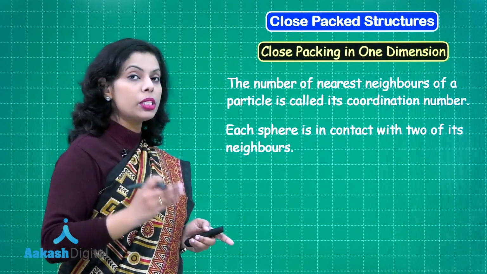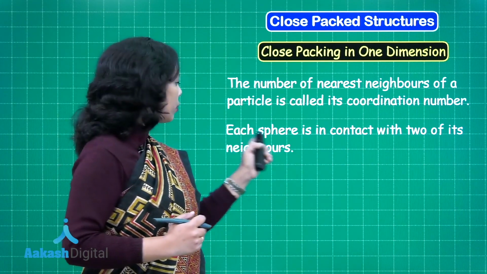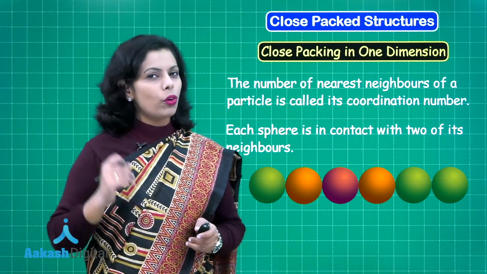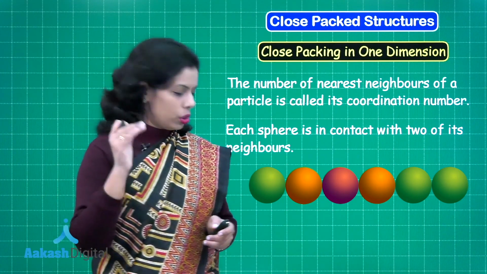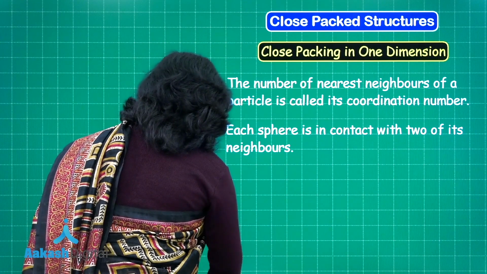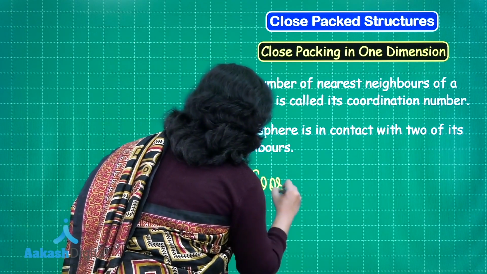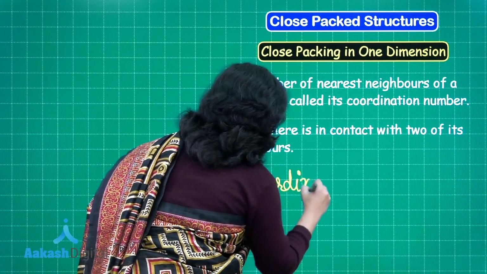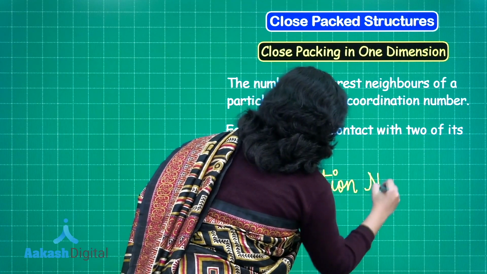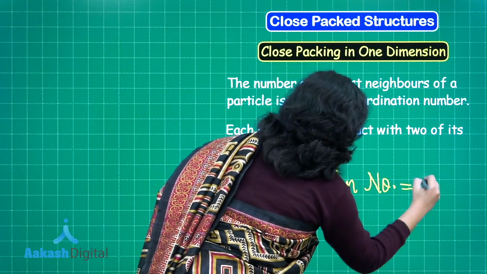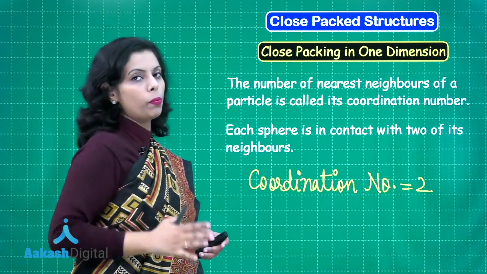In case of 1 dimensional close packing, each sphere is in contact with 2 of its neighbors. So what would be the coordination number? Definitely it would be 2. So I'm just writing here the coordination number in this case is 2, because particles are directly attached with 2 more particles.